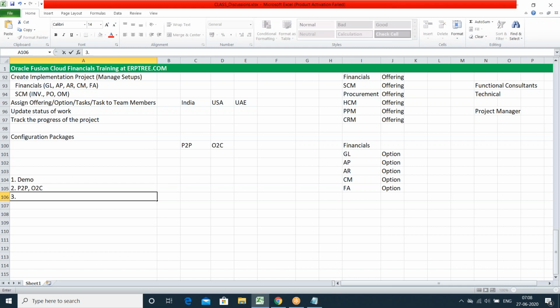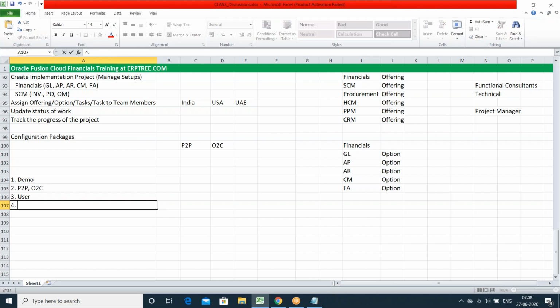Third session, user and what roles need to be assigned to the user, what are the different types of instances or say pods we can have as a part of project. These points we discussed, and we created user also.